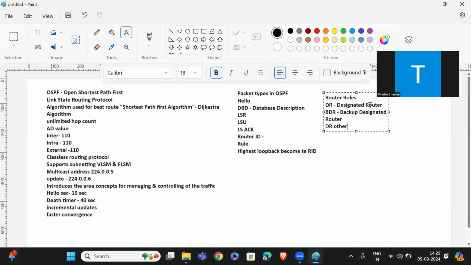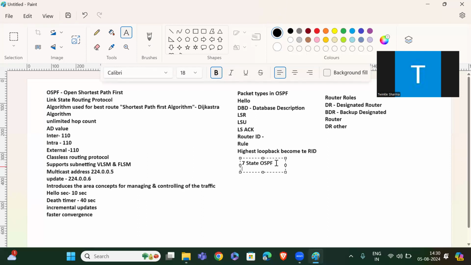Then, how many states, or we can say the basic process in OSPF for the neighborship? We have 7 states in OSPF.